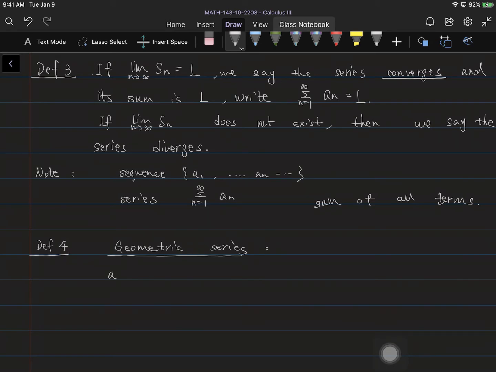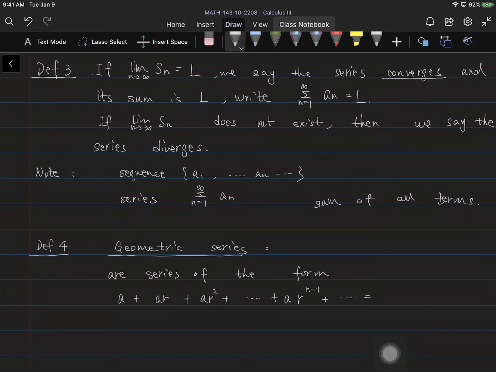Geometric series are series of the form: A plus AR plus AR squared plus A times R to the n minus 1. Actually, this is the nth term. Okay.